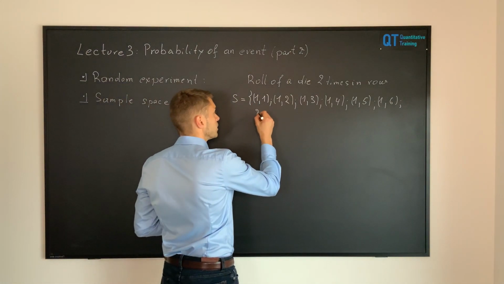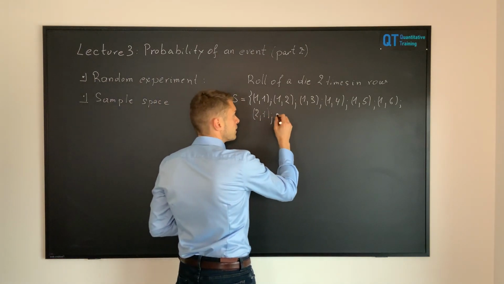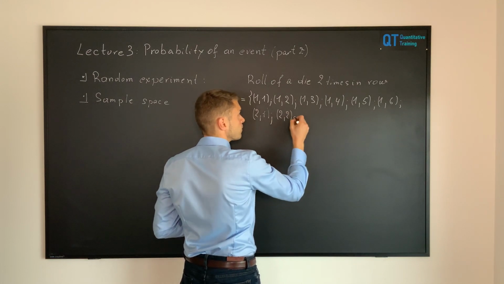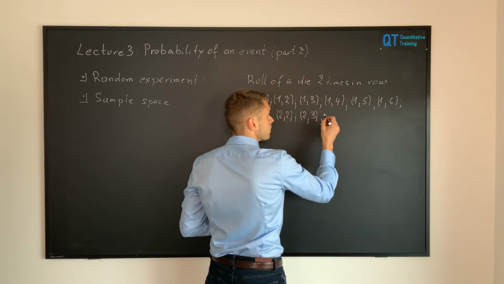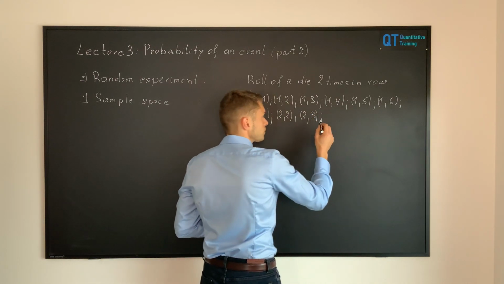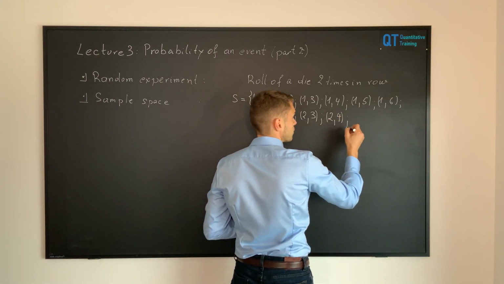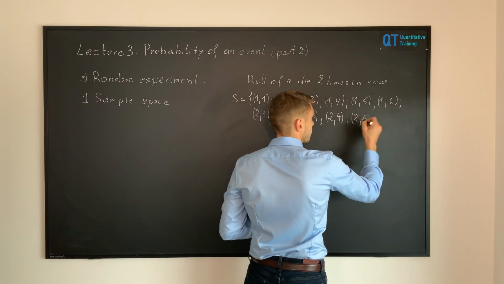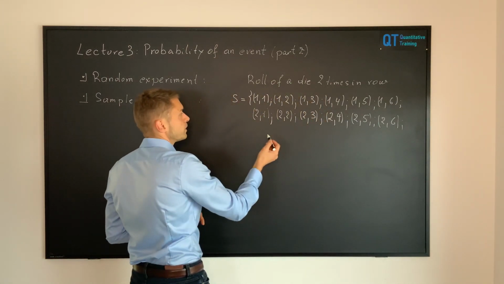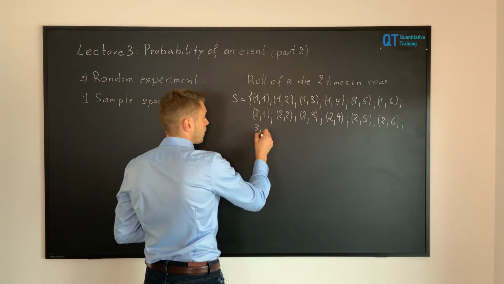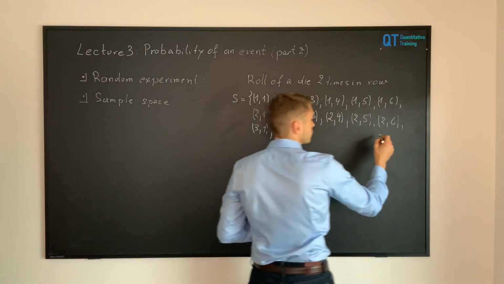So we repeat the same procedure: 2, 1, then 2, 2, then 2, 3, 2, 4, 2, 5, and 2, 6. We can then repeat this for 3, 1, and so on, up to 3, 6.